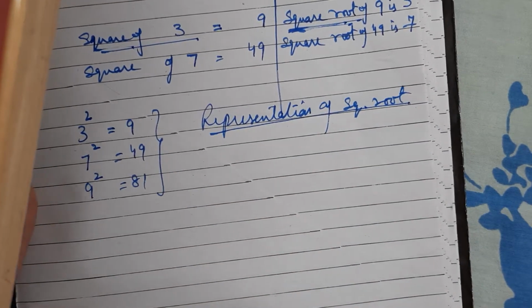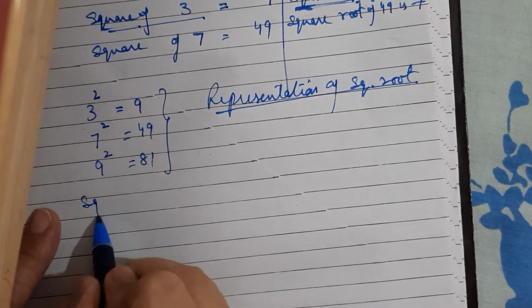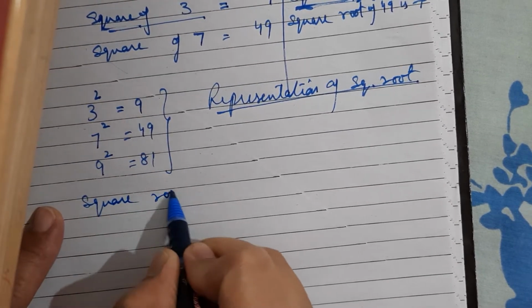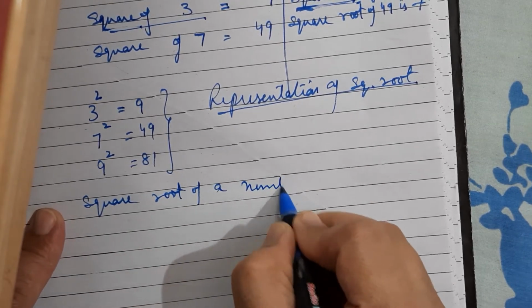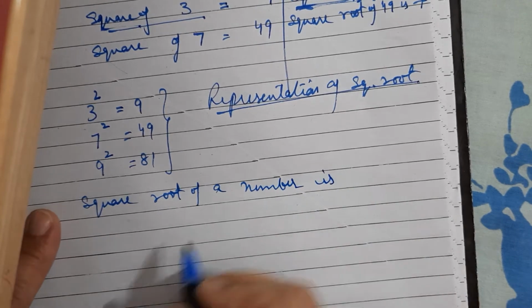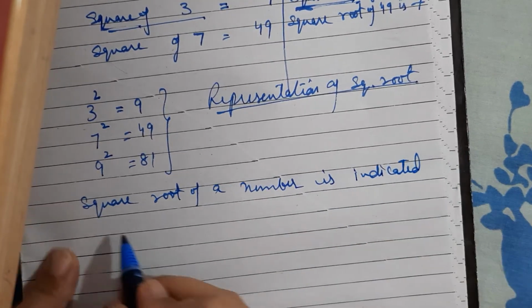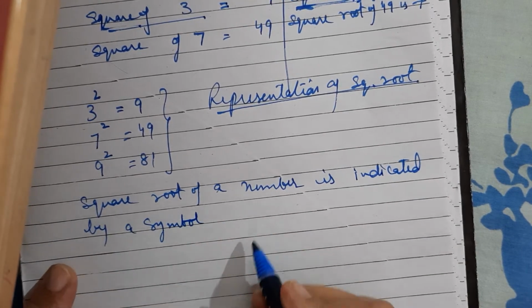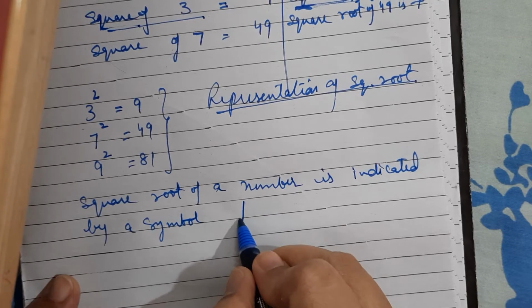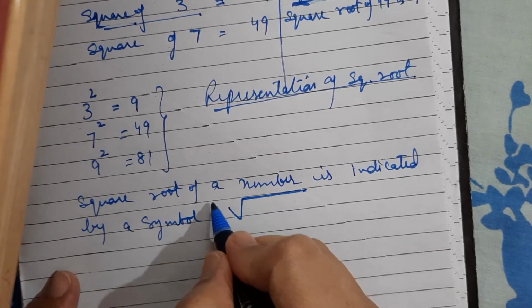So for this, square root of a number is indicated by a symbol, which is this one. This is the symbol of square root.